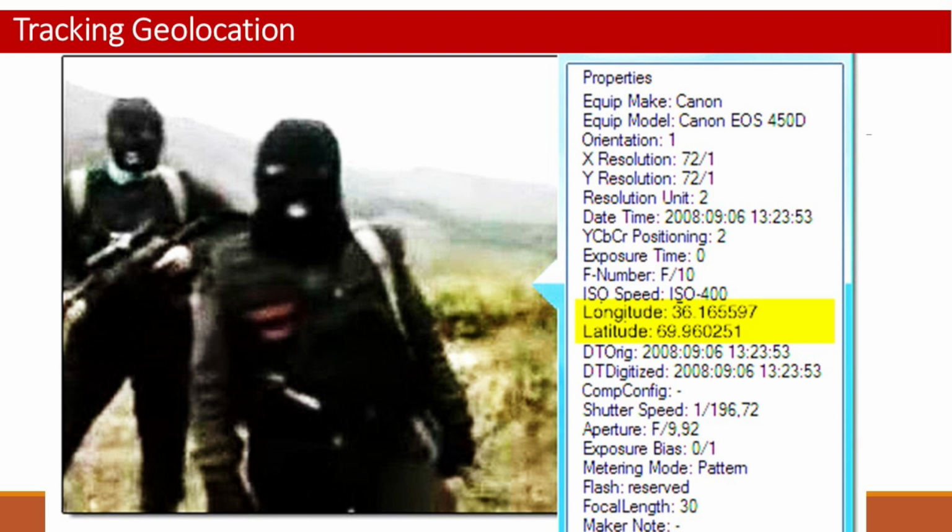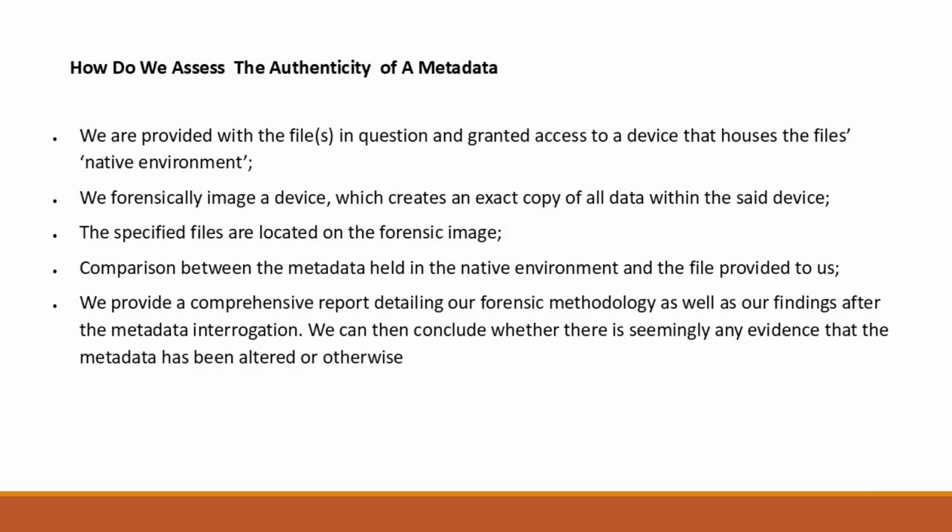You copy the longitude and latitude numbers and use them on specialized software, like Google Maps or some other world map. It will reveal the actual location where that picture or video was taken.